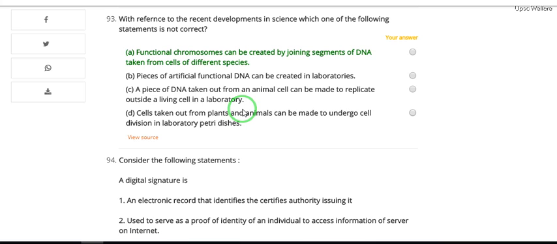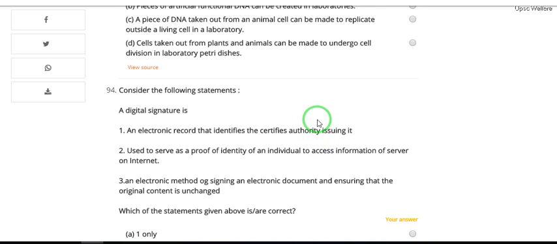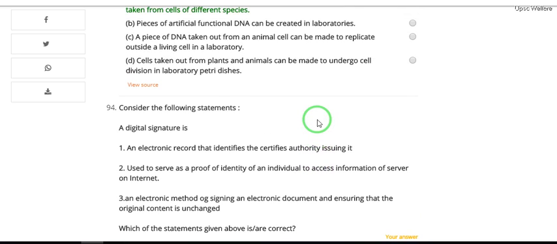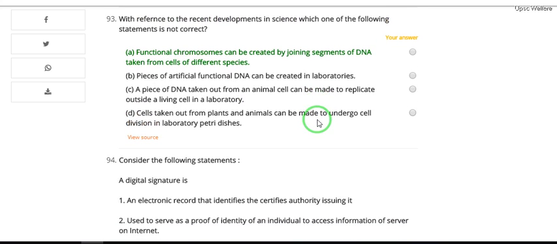And if you see the petri dishes, cells taken out from plants and animals can be made to undergo cell division in the laboratory, of course. So B, C, D are correct, A is incorrect. According to the question, we have to choose the incorrect option. So incorrect means not correct.